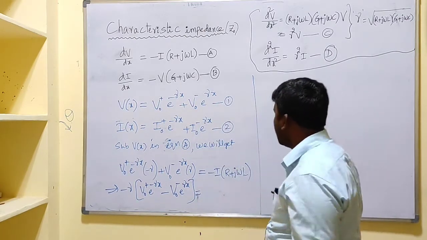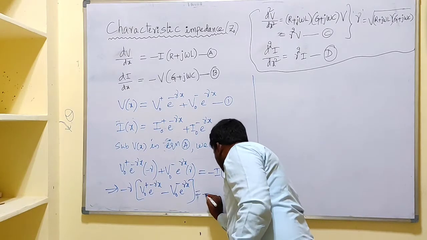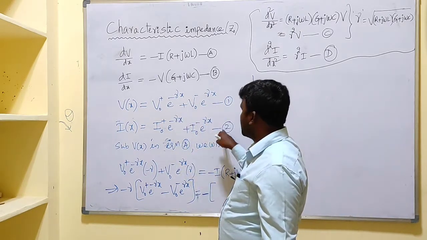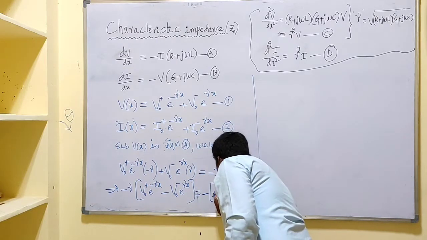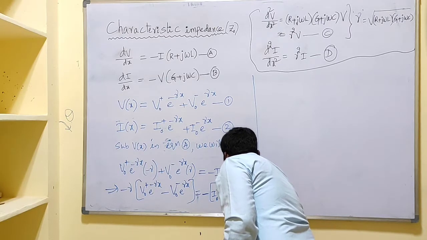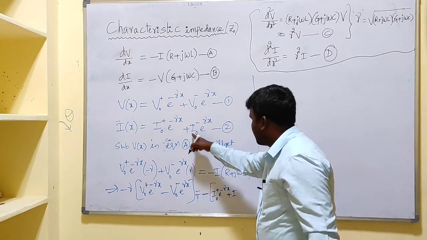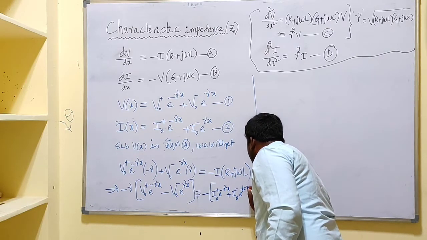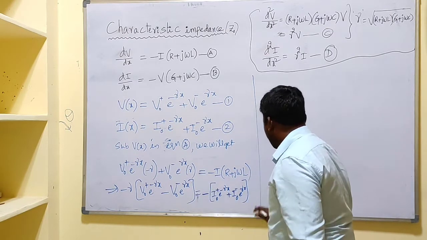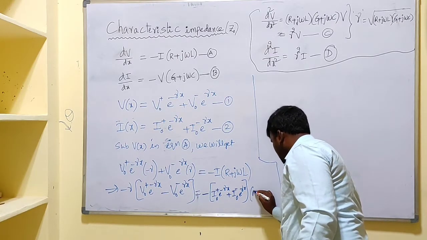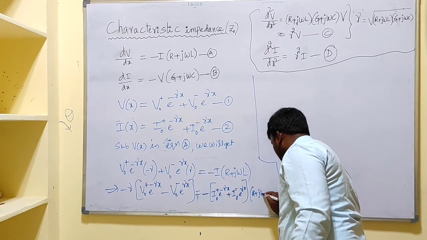I can be written from this equation 2 as I naught plus into e to the power minus gamma x, and the second term, that is the reflected current or backward current, is I naught minus e to the power gamma x. This is the expression for I into (R plus j omega L). So this can be written like this, that is R plus j omega L.